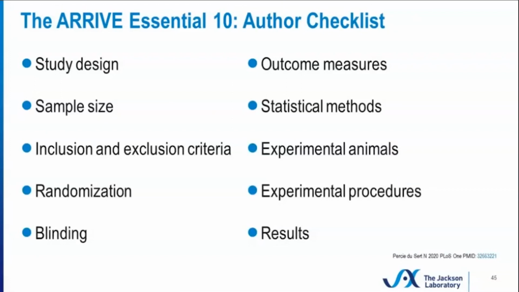This includes study design, what scheme you were using, the sample size, inclusion and exclusion criteria, what you thought would not be important, randomization, blinding, outcomes, methods, results, and experimental details. These will all be very critical for the next researcher and your research community to follow your findings, if you follow these ARRIVE guidelines.